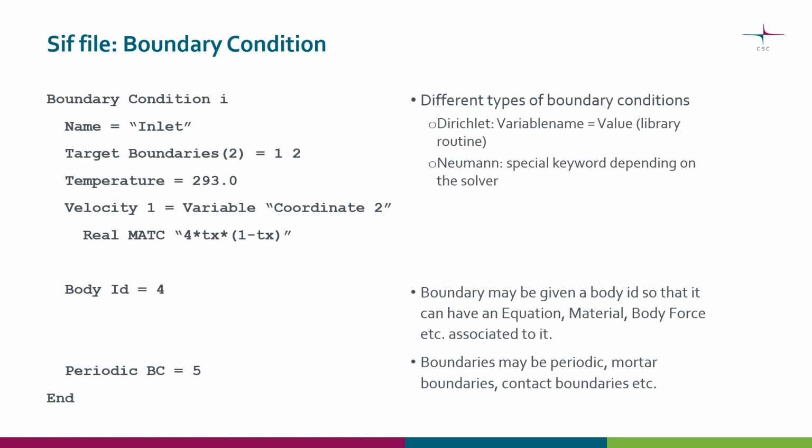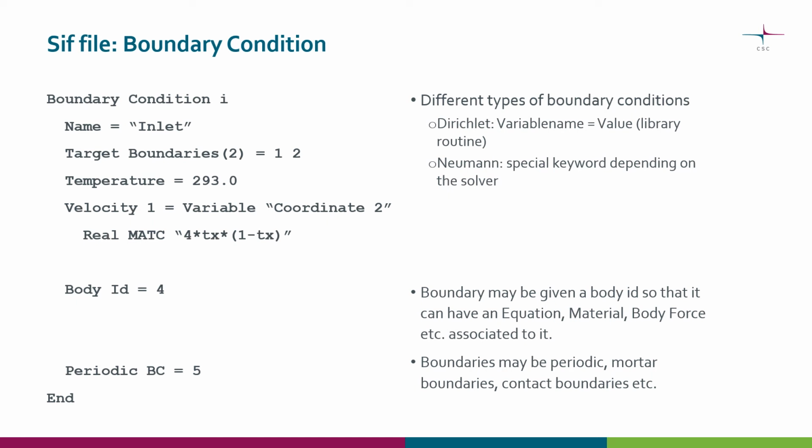So typically we have a name for the variable to be solved, and by defining the name here, like temperature to be some value, we set the Dirichlet condition. But there are also a number of other types of boundary conditions that are typically solver specific. So for instance, we could define heat flux for the heat solver, etc.